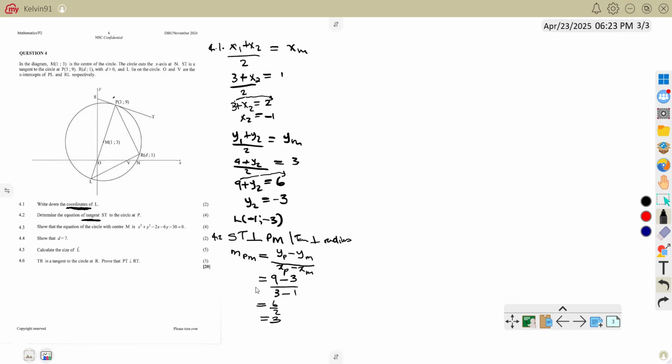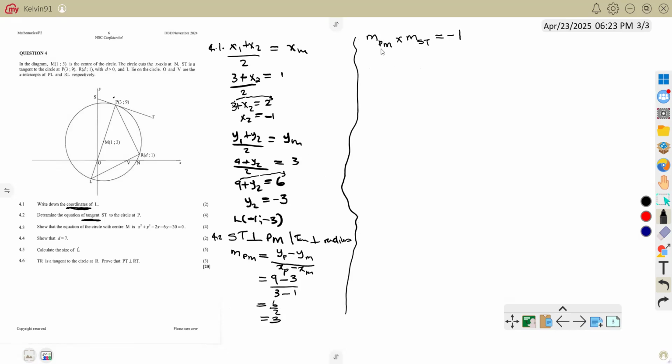When you now have gradient of one line, you must know the relationship between perpendicular lines. If lines are perpendicular, it means gradient, because we proved that they are perpendicular, gradient of PM here multiplied by the gradient of ST must be equal to -1.